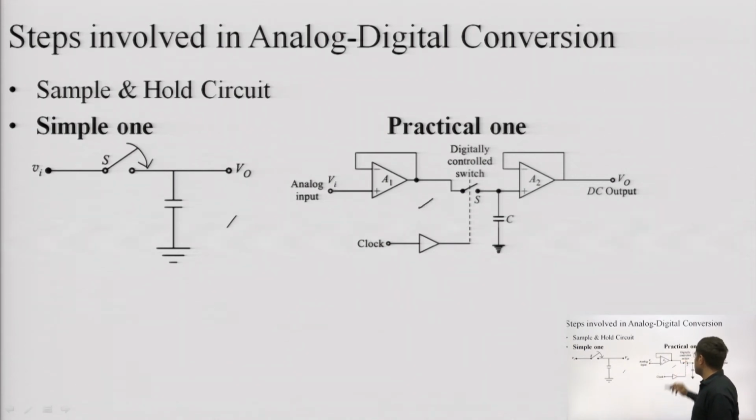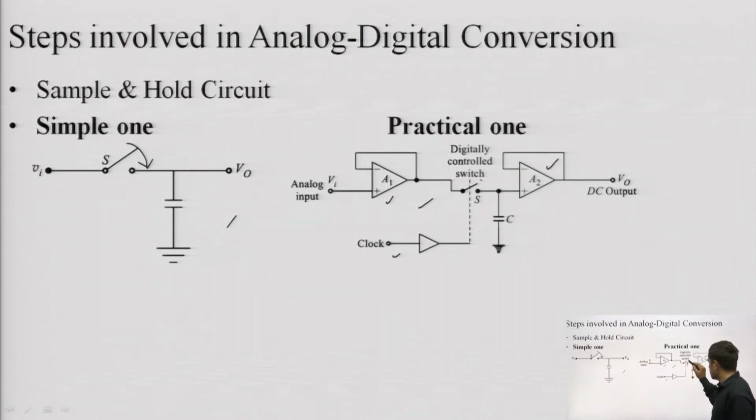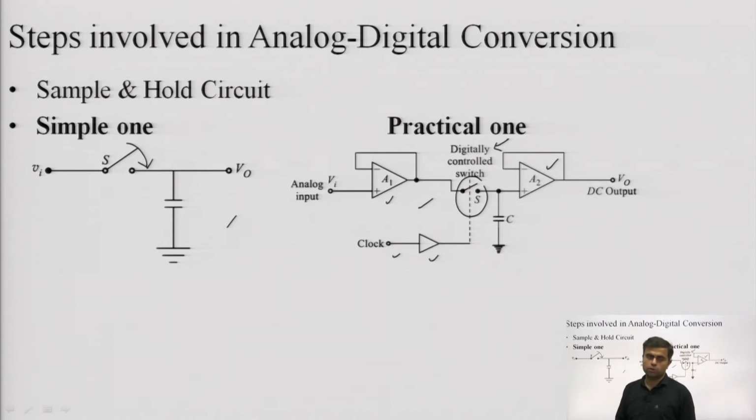This is a practical circuit with one op amp, a second op amp, and a clock which decides the switching. Here the switch is digitally controlled by this arrangement, which decides how fast the switching is performed. So these are the basic sample and hold circuits, simple and practical ones.